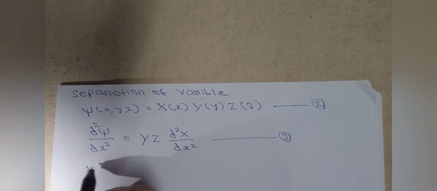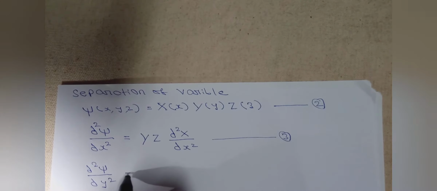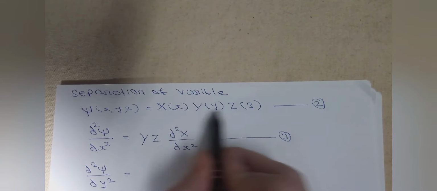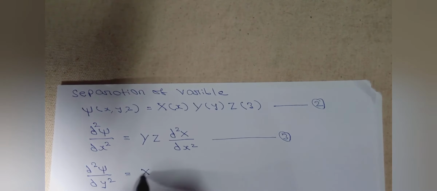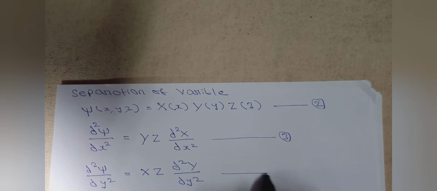Now dou square xi by dou y square is equal to XZ dou square Y divided by dou y square, where X and Z become constant. Let this be equation 4.